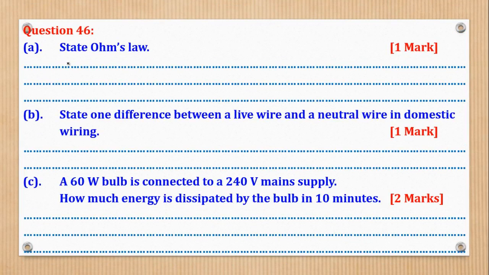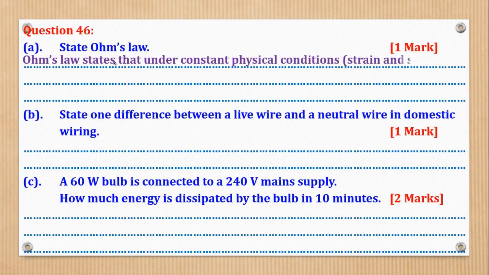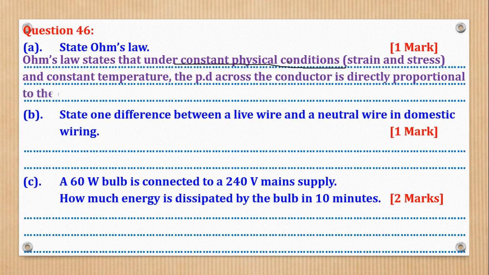46 part A says, state Ohm's law. So Ohm's law states that under constant physical conditions and constant temperature, the PD across the conductor is directly proportional to the current flowing through it.